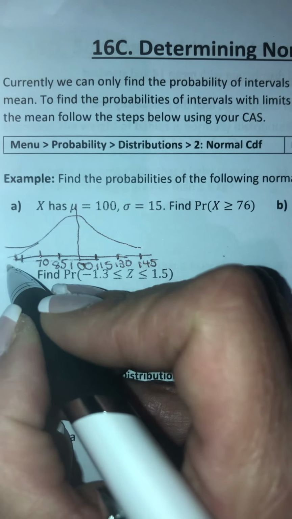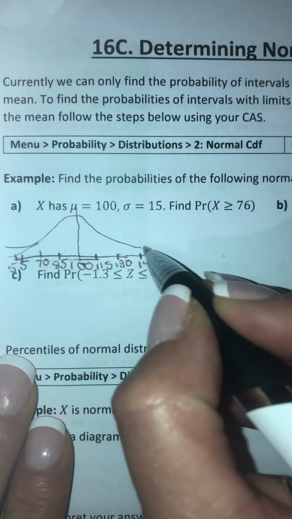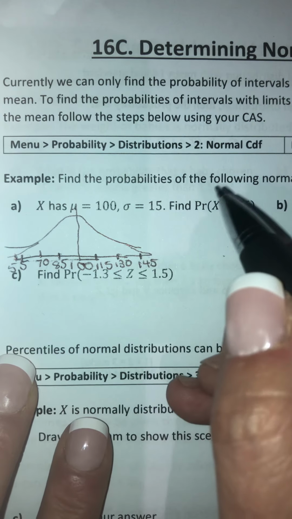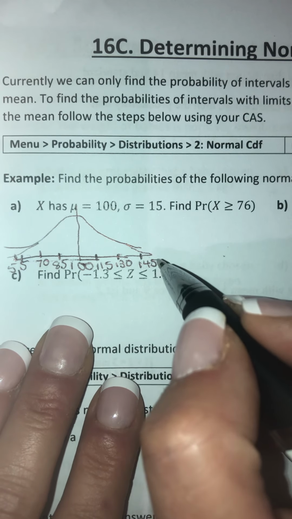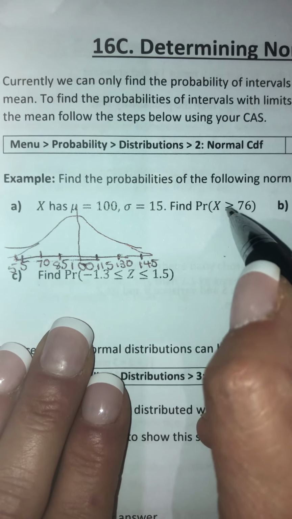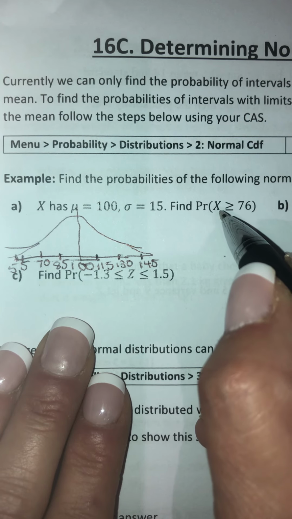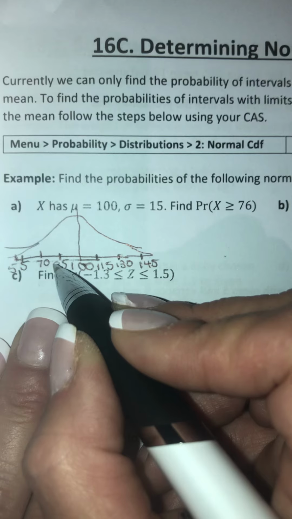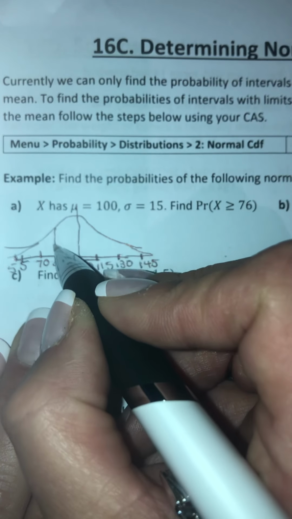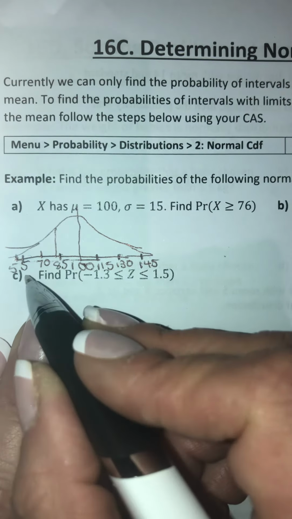All right. So this is stuff we should know by now, hopefully. And now this question is saying, what's the probability that x is greater than or equal to 76? And you will see in here that the 76 is going to lie in between.